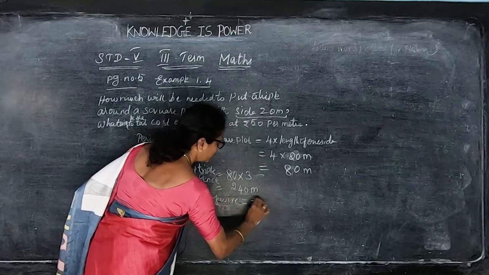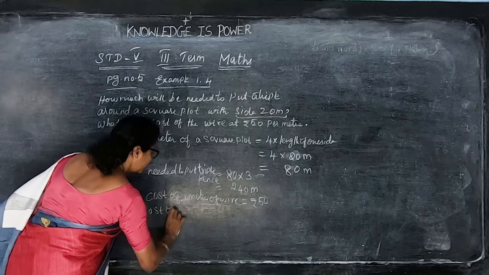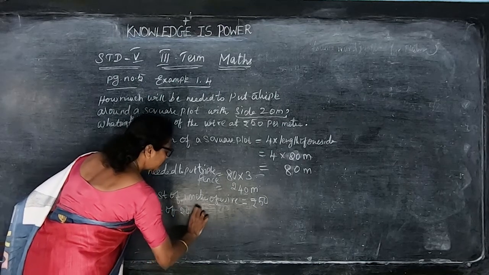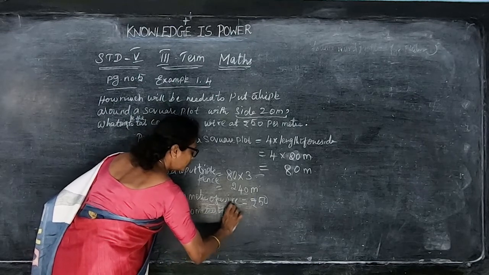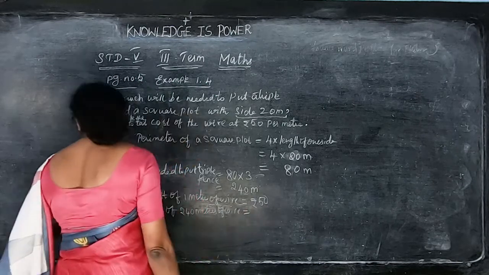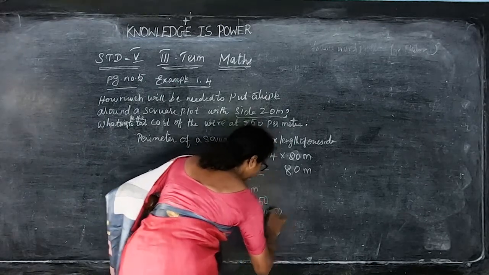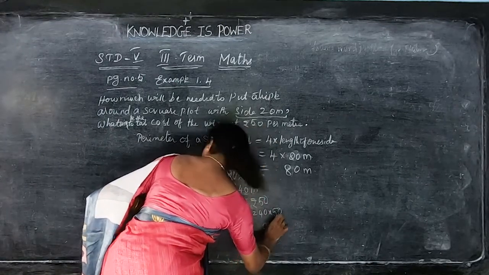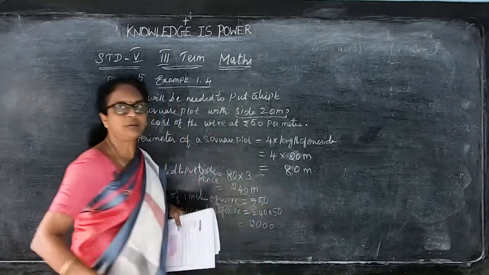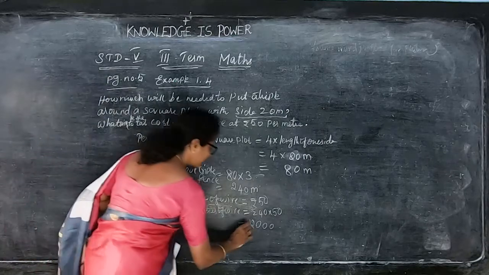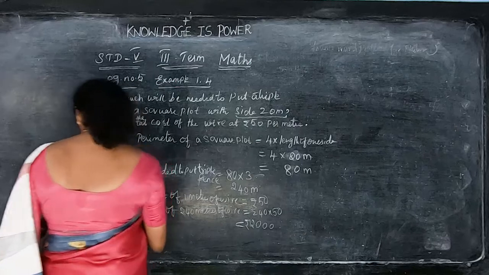Rupees 50. So what will be the cost of 240 meters of wire? That is equal to 240 into 50. So amount is 12,000 rupees. That is equal to 12,000 rupees.